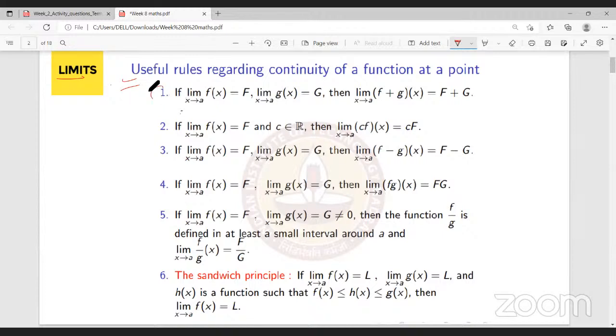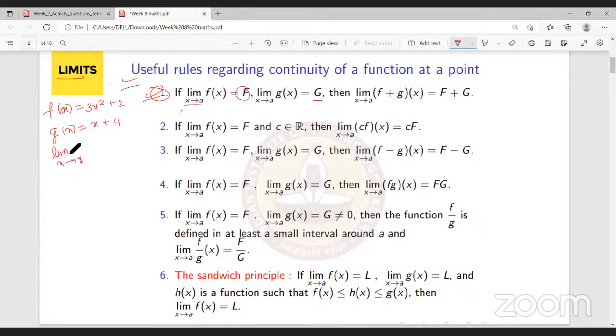The first property: if the limit as x tends to a of f of x exists with a particular value f, and the limit of g of x is g, then the limit as x tends to a of f plus g of x will give us f plus g. What does this mean? Say for example f of x is 3x square plus 2, and g of x is x plus 4, and x tends to 1.